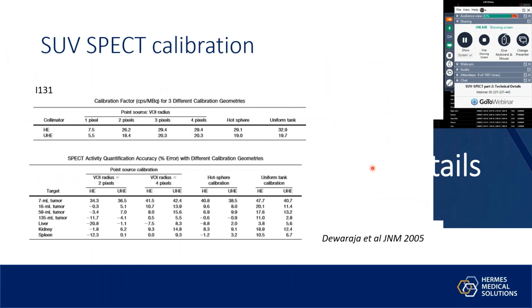So that's what we would say is to go with the cylinder, which was just the last column, or uniform tank in this case. Yeah, of course this doesn't show the doses, but the effect on the quantitation is really big.